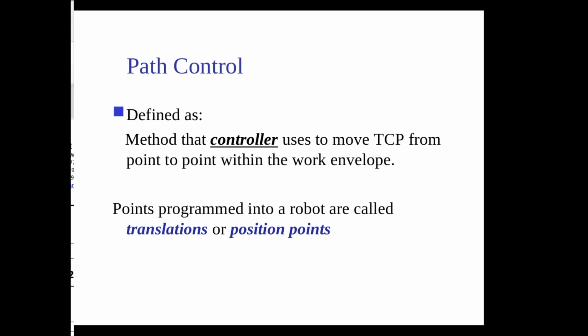Remember, it's really all about that tool center point, where the work point of the tool is at. And we will need to move it from point to point, and of course it can only move within the work envelope. So we're going to program points into the robot. These are sometimes referred to as translations or position points or simply points.